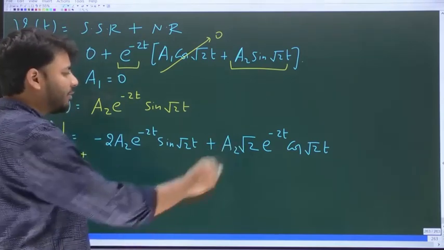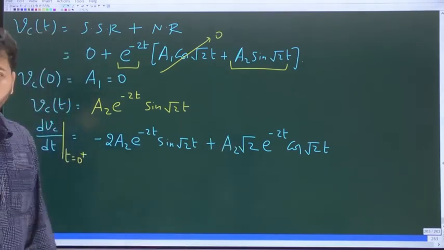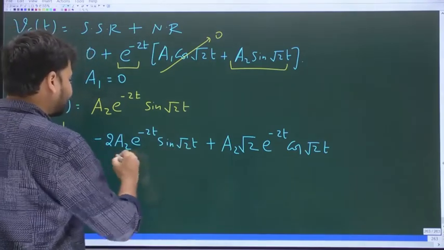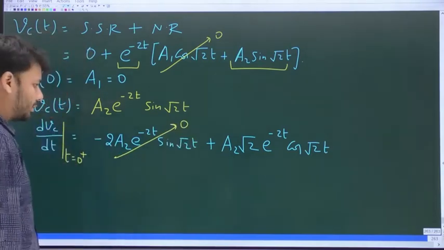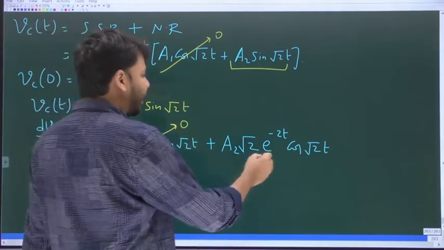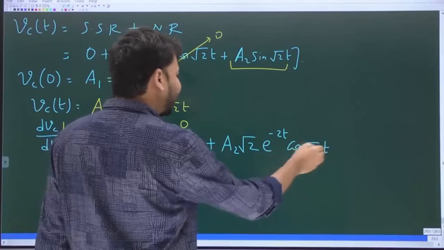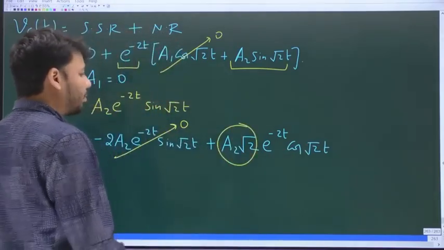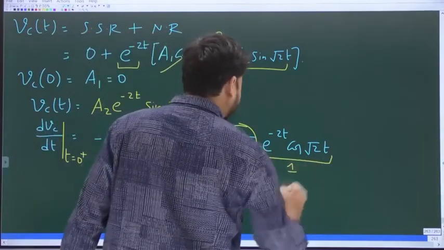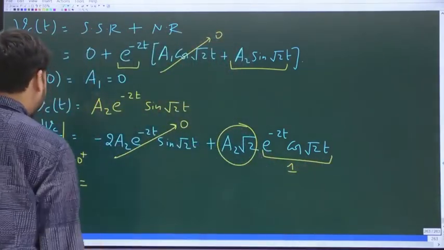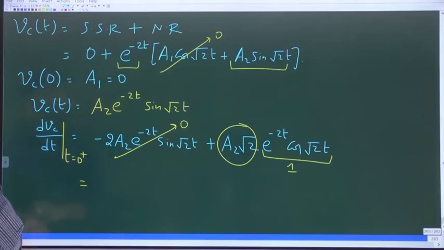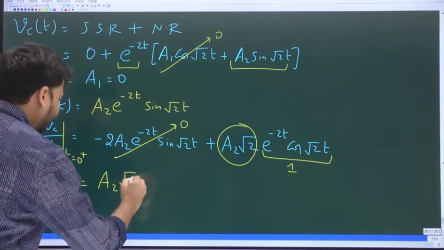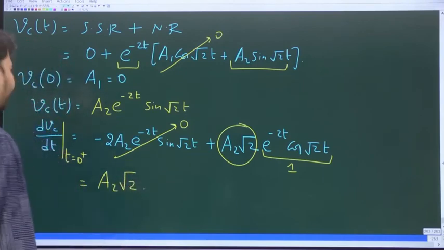So on the right hand side, everywhere in place of t you put 0. Sine 0 will be 0, that means this entire first term will become 0. And in the second term, e power 0 is 1, cos 0 is also 1. So a2 times root 2 will remain. So dVc by dt at t equal to 0 plus is a2 root 2.